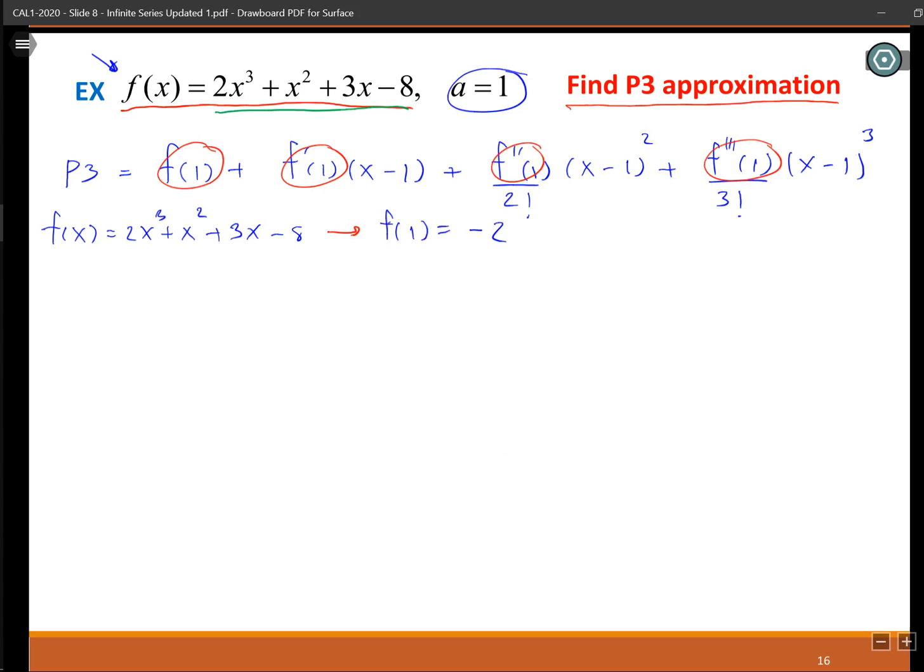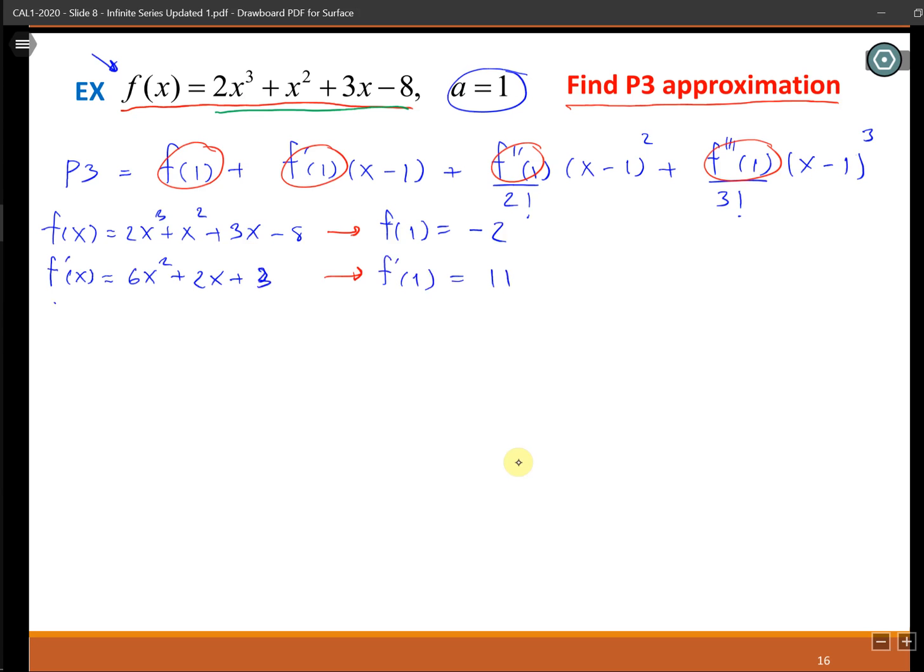Alright, so let's check again. 2 plus 1, 3, plus 3, 6, minus 8, okay, minus 2, that's correct. So let's differentiate this one time to get f prime of x, and that would be 6x squared plus 2x plus 3. Alright, and we want to find this first derivative at x equal to 1. Let's put 1 in, and you can see that we get 11 out of that.